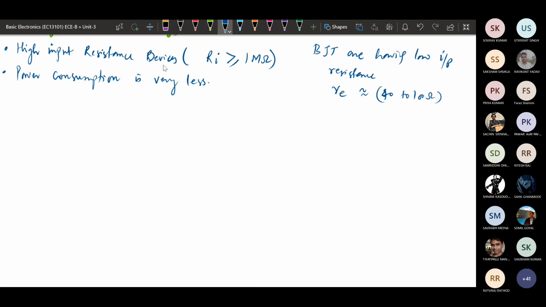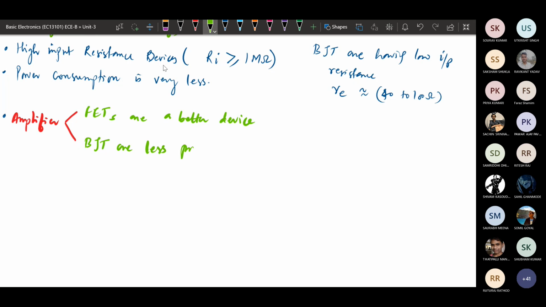If we are going to implement an amplifier, you can call FETs a better device for constructing an amplifier as an application of these devices. So FETs are a better device than BJTs if we are going to implement an amplifier.